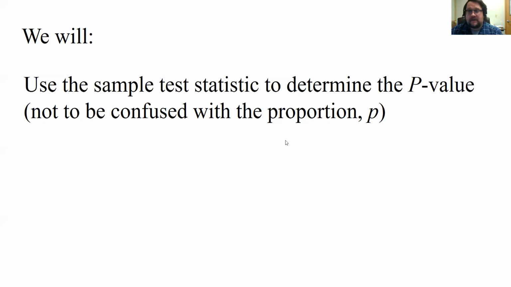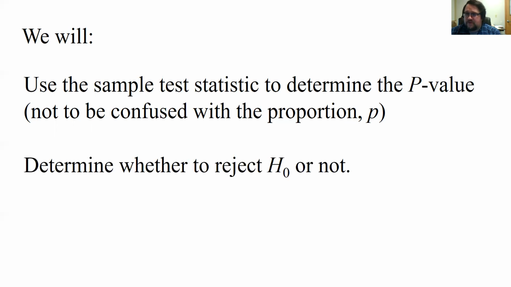Because proportions are always between 0 and 1, all these numbers are going to be decimal values. You're going to have to be careful that you're doing the correct comparison of values and keeping straight what's what. Are we talking about a p-value, the probability you're at that spot or more extreme, or are we talking about the probability of success? Try to keep those things straight. It can be confusing if you're not careful.